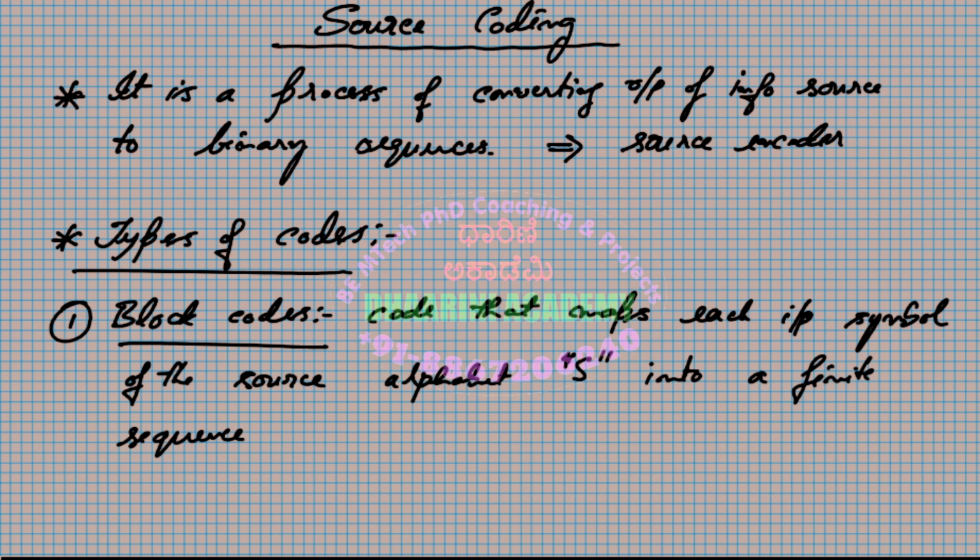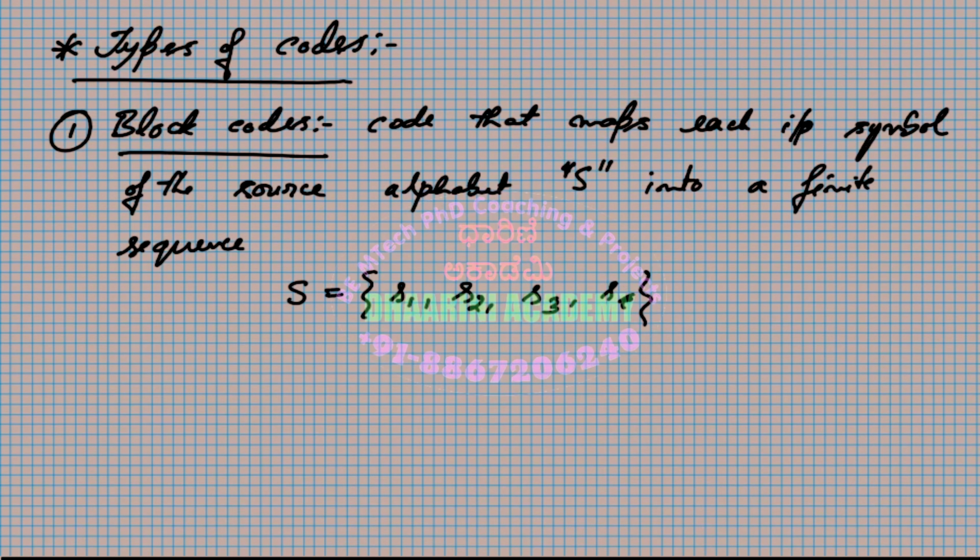Normally, the conversion from the source alphabet into the code word is defined in the following way. Let's write the source S as S1, S2, S3, and S4.